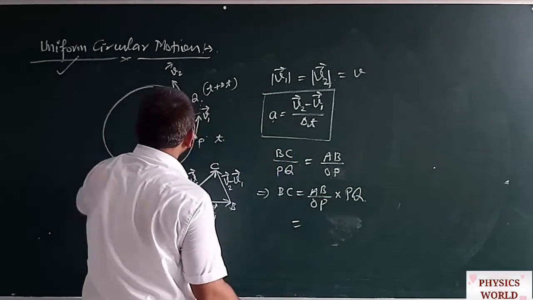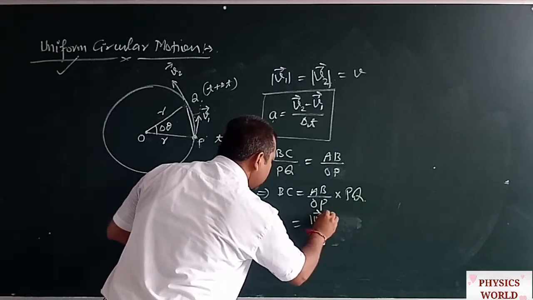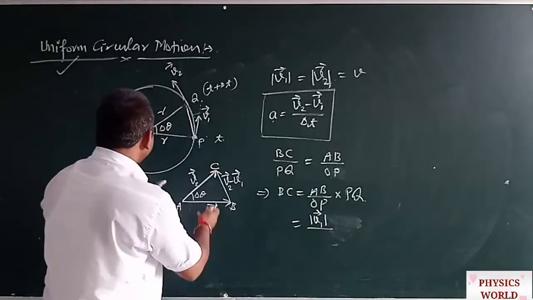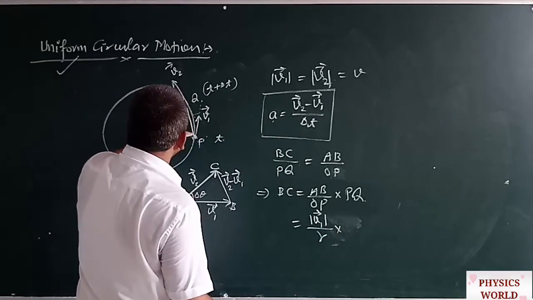So what is the value of AB? That is mod of v1, divided by OP, that is r, multiplied by PQ, the chord of PQ.